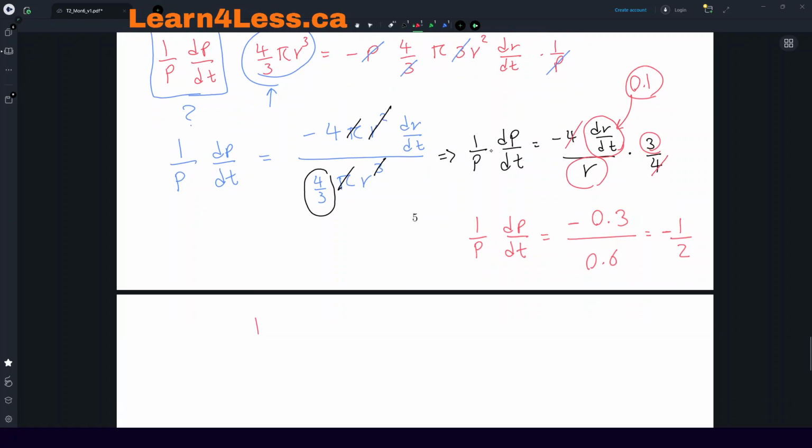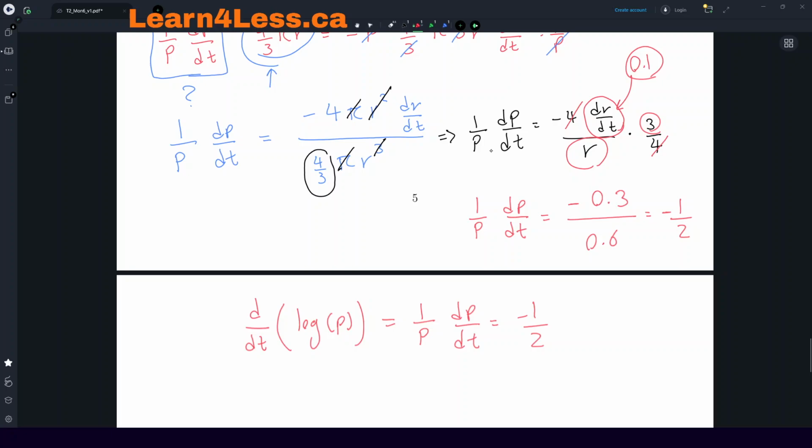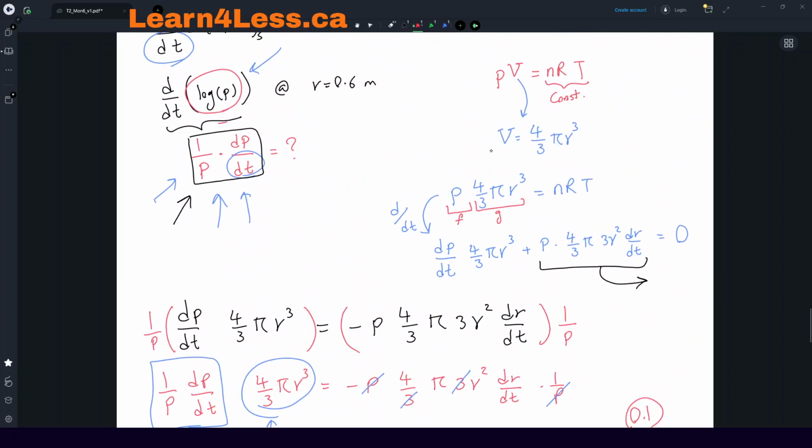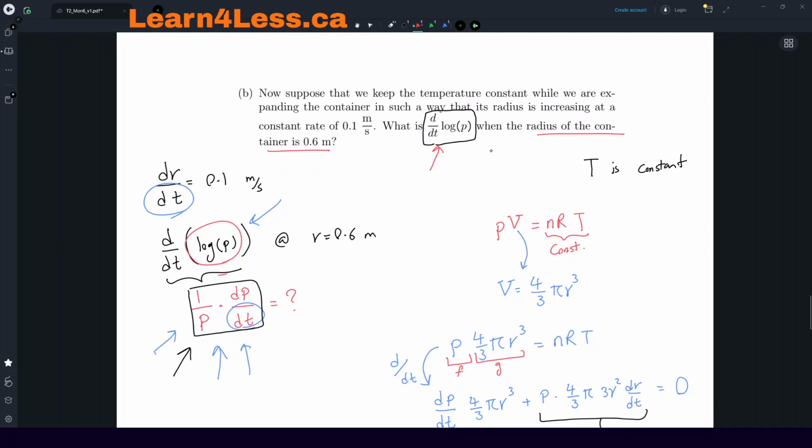Basically, d over dt of log of p, which we evaluated, and it was 1 over p dp over dt, is equal to negative 1/2. And this is the rate of change of log of the pressure when the radius of the container is 0.6 meters and temperature is constant. And also the radius is increasing at that rate.